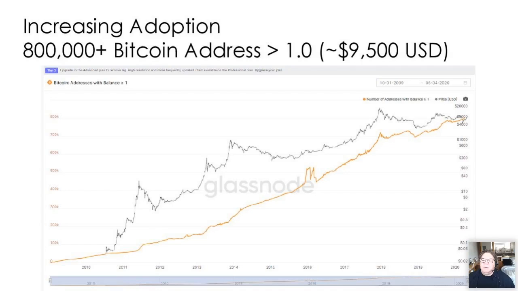And that's the number of Bitcoin addresses that hold more than one Bitcoin, so $9,000 or so today. There's over 800,000 Bitcoin addresses with more than one Bitcoin in them. That has been increasing almost nonstop since the very beginning. And I think that bodes well for increasing adoption, not just for Bitcoin as a store of value, but also Bitcoin as a currency and a unit of account.